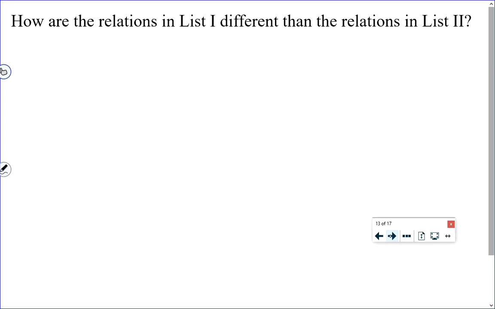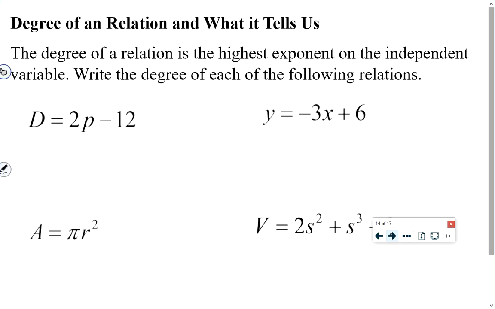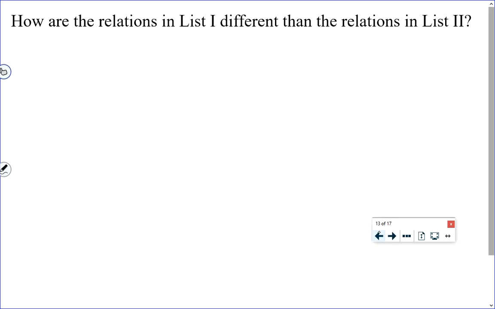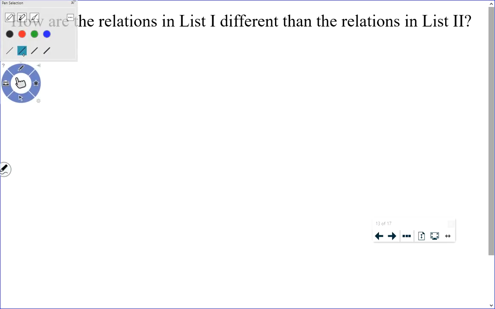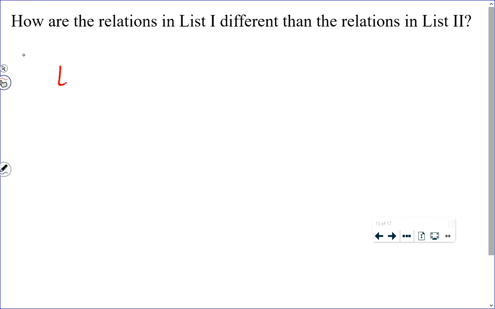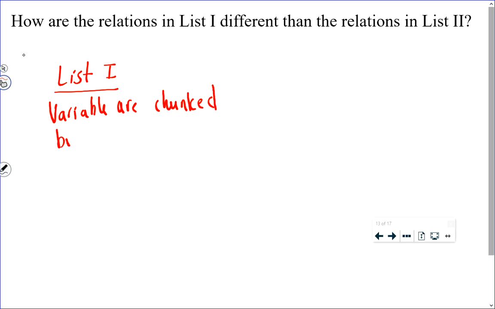So how are they different? Some of them are related to whole numbers. In list 1, the variables are chunked by whole numbers.